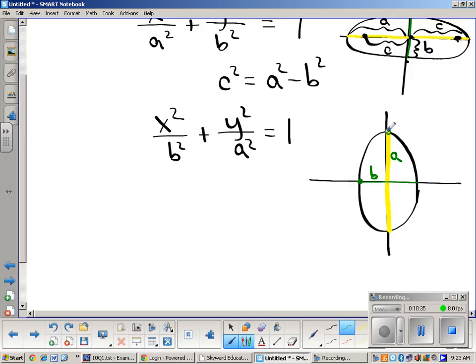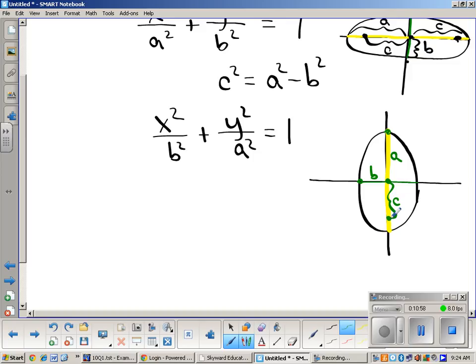And I'll just put one of them down here. This would be C, the distance from one of the focus points to the center. So that's what we worked on yesterday.